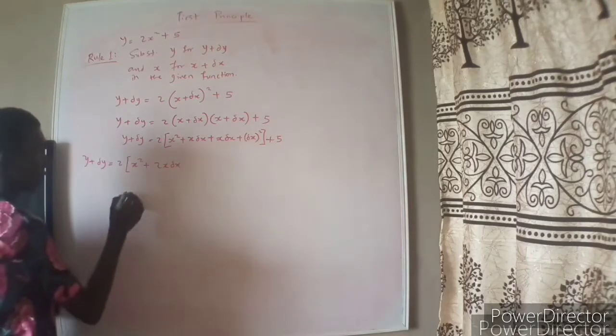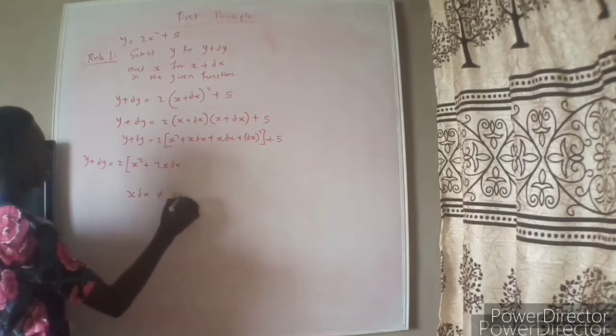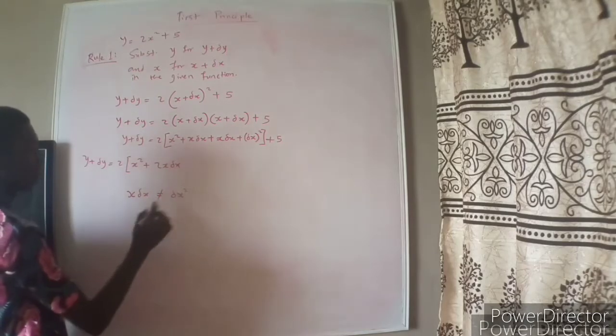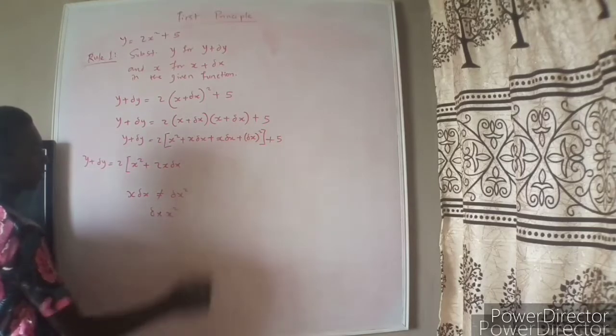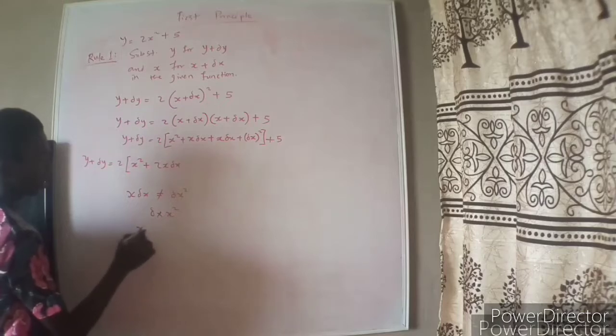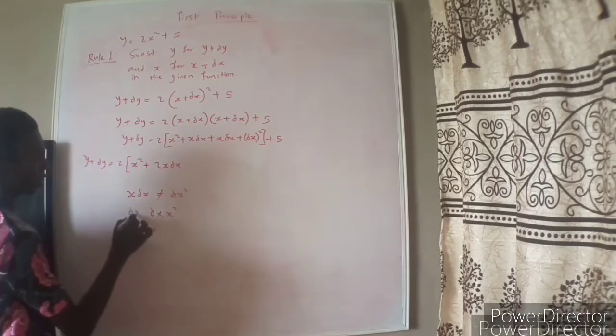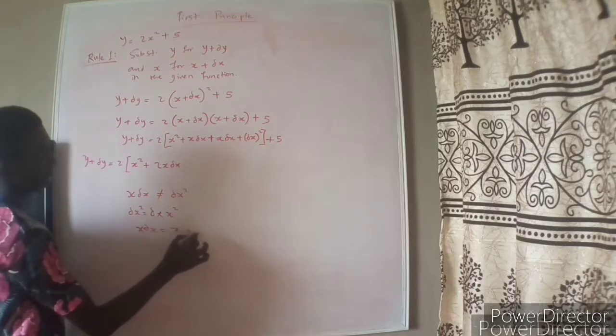Mind you, don't make the mistake. x delta x is not the same thing as delta x squared. Delta x squared is telling me delta times x squared, but x delta x is telling me x times delta x.